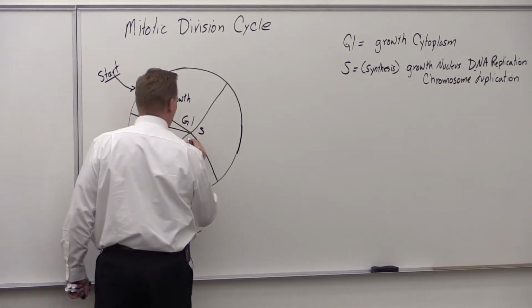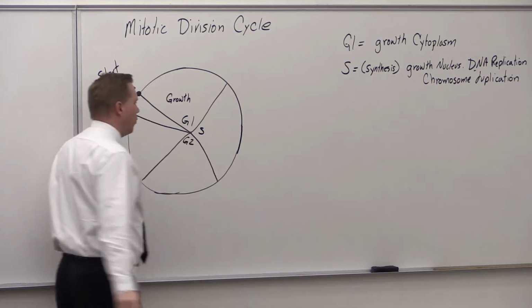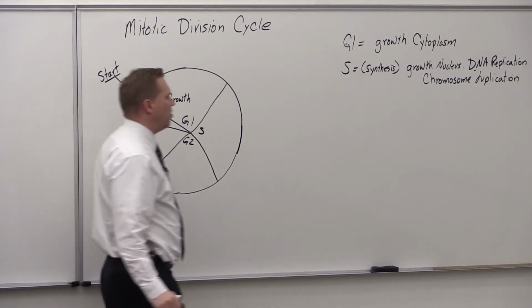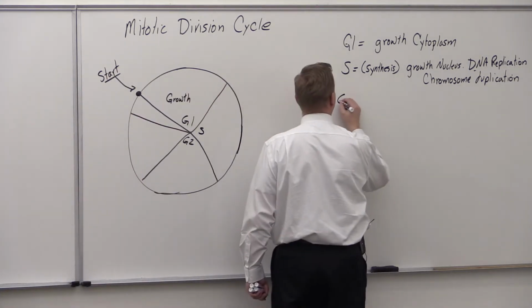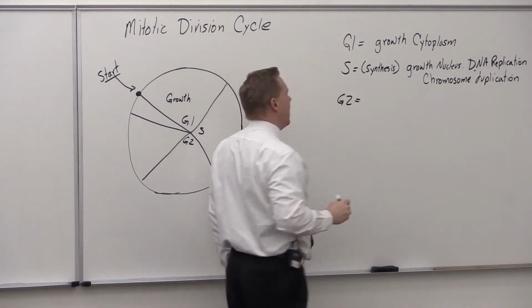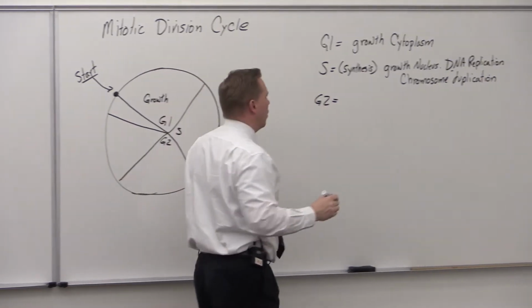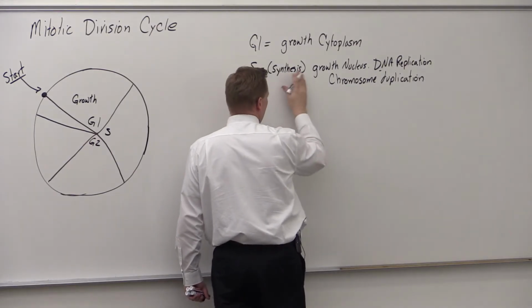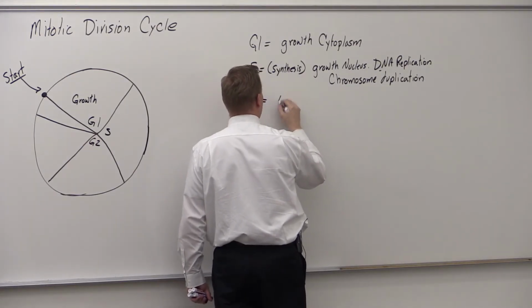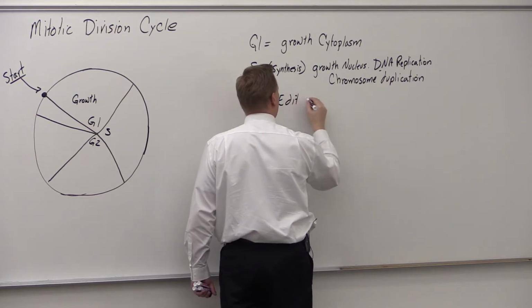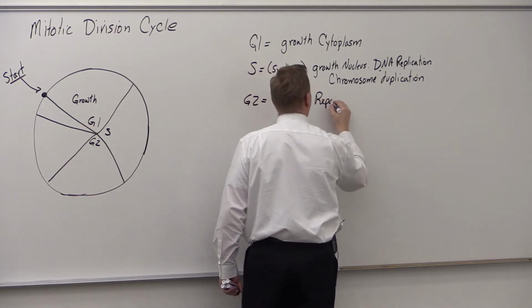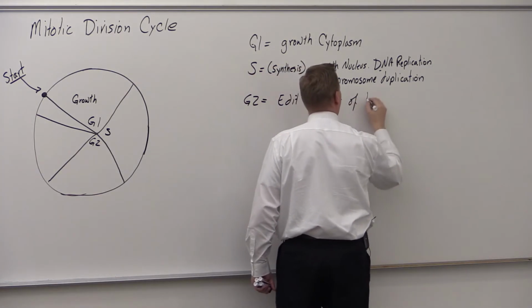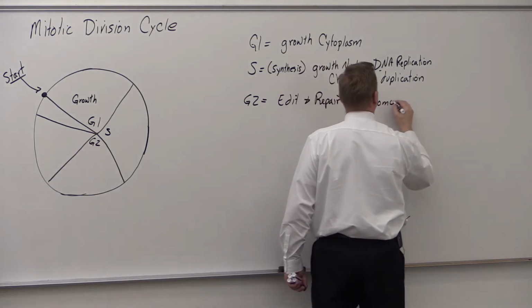We then have another region down here called G2. And in the G2 phase, we are actually continuing this with kind of synthesis. This is the edit and repair of chromosomes.